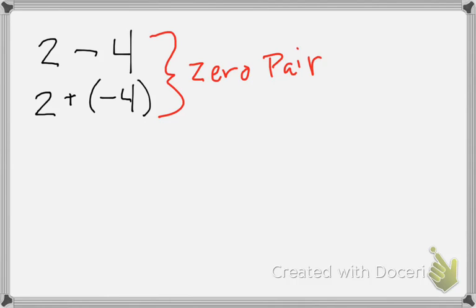We have positive 2 and negative 4. The sign of the one with the larger magnitude we will keep. Negative 4 has a larger magnitude. And then we take the difference in those two magnitudes. 4 minus 2 is 2, so our answer will be negative 2. So there's a situation where we have two positives and we're subtracting. What about two negatives? Let's try something along those lines.